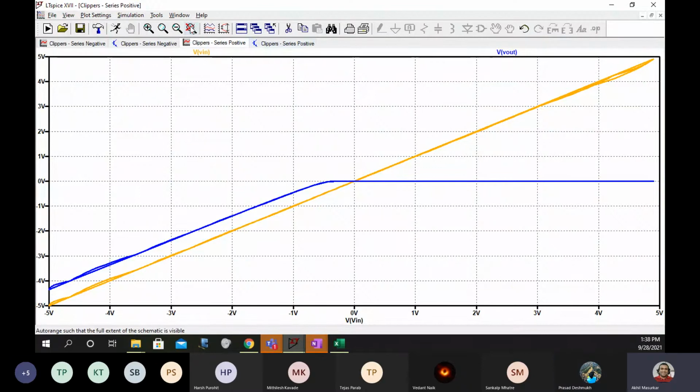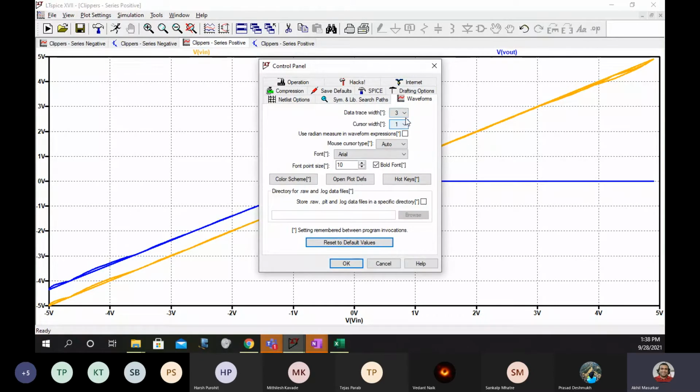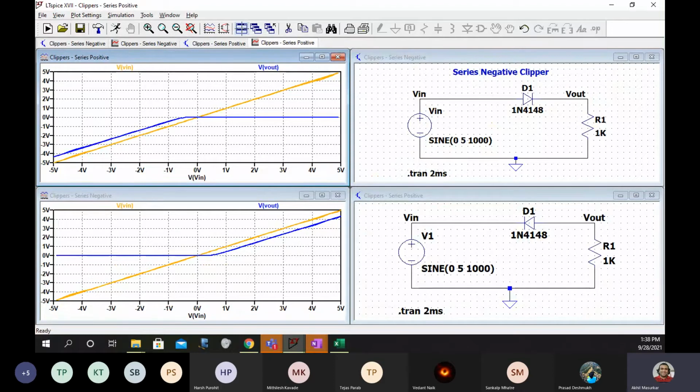Generally, I keep 2 because that's good enough. Is my 2 visible on your screens? Yes, sir. So I will adjust as per your visibility, but you adjust according to your visibility on your own screens.